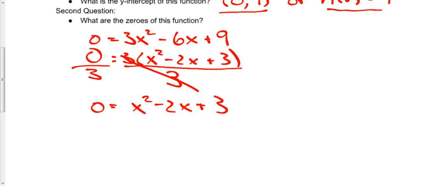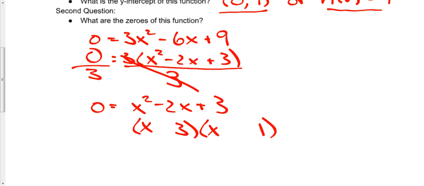Factor. Parentheses, right? Okay, now, here's the beauty of this one. How can I multiply 2 things together to give me x squared? X and x, right? That's the only way. How about 3? Forget about the positive or negative right now. What's the only way to give me 3? 3 and 1.